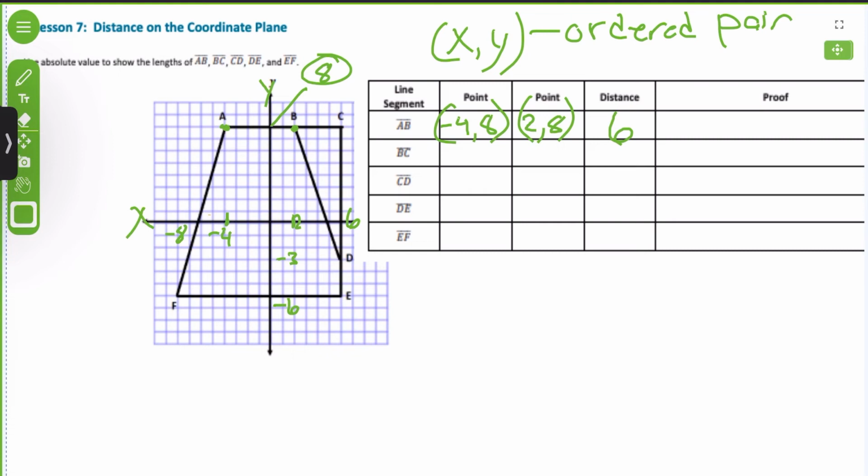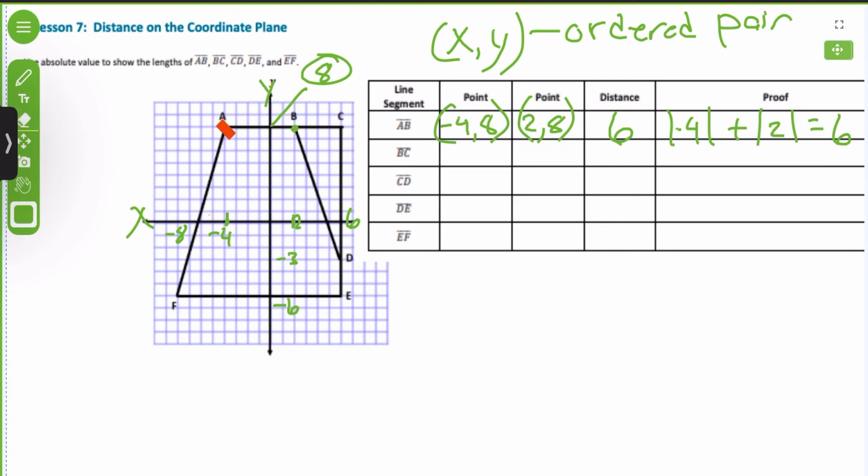So how are we going to do absolute value to show the length? Celine? Correct. Everybody got that? All right.